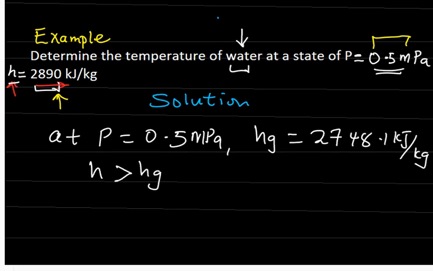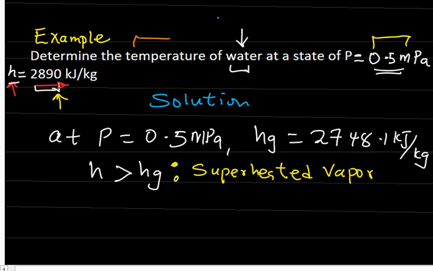And this shows that the water is superheated, so this is superheated vapor. Since it's superheated vapor, we can now read the temperature at the superheated vapor table of water.